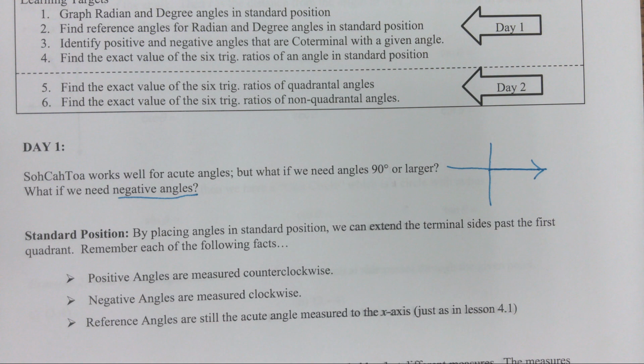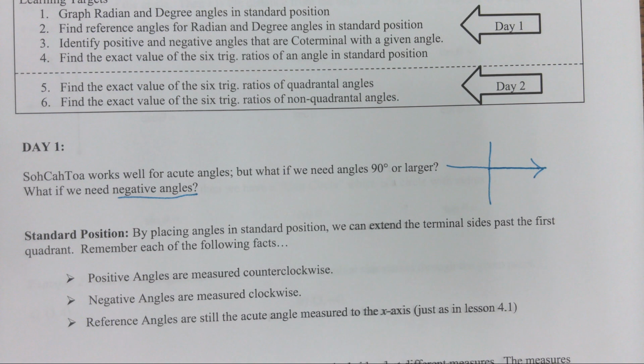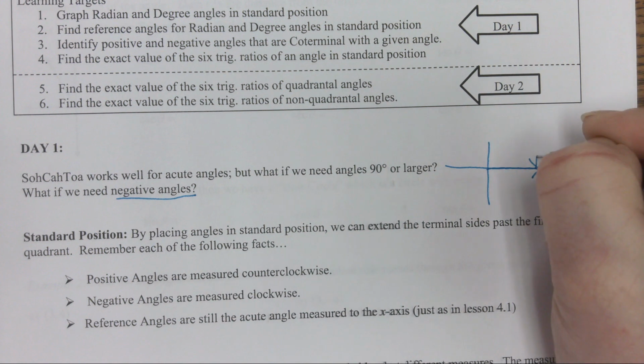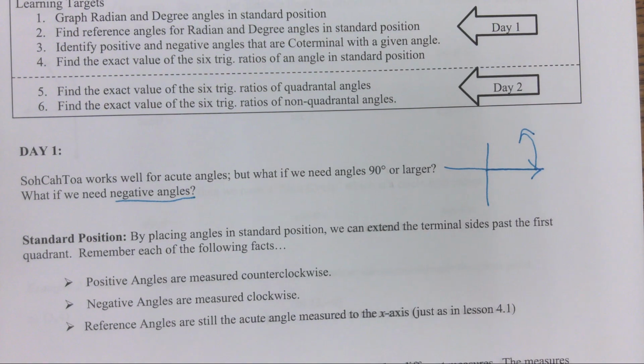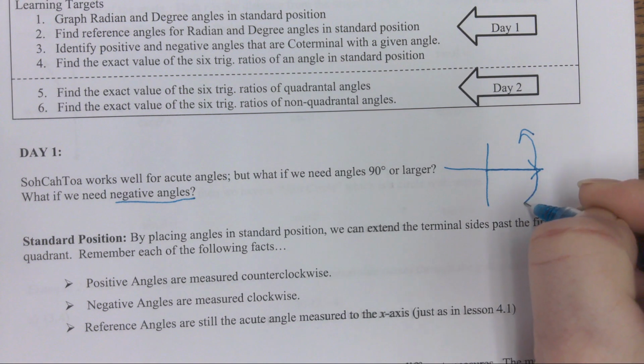If an angle is positive and you're doing a rotation, you're going to go counterclockwise, this way. If an angle is negative in a rotation, instead you're going to go clockwise, or back that way.